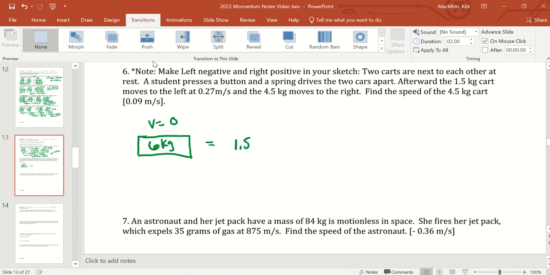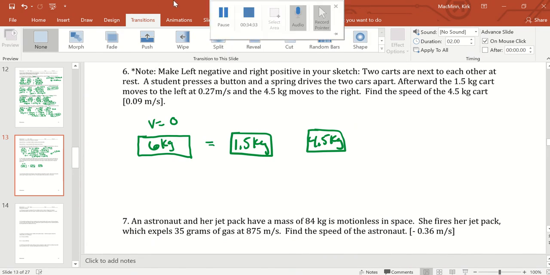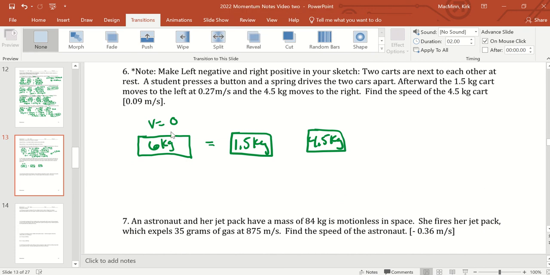So at that point, we'll have a 1.5 kilogram cart and a 4.5 kilogram cart that are separate. It tells me that the 1.5 kilogram cart is moving left at 0.27 meters per second, and the 4.5 kilogram cart is going to be moving at some unknown speed, VF.